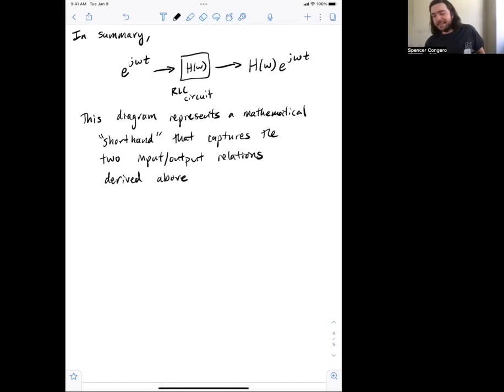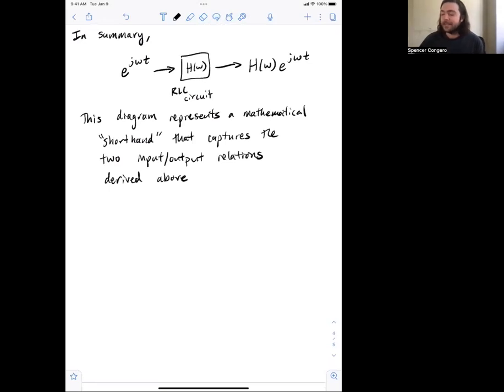And you might be sitting here saying, wait a second, we have an RLC circuit and you're putting in a complex valued input? That's a little weird. And yeah, this is not something we could do in real life. You can't put complex valued stuff into a real life RLC circuit because there's no imaginary j in real life.